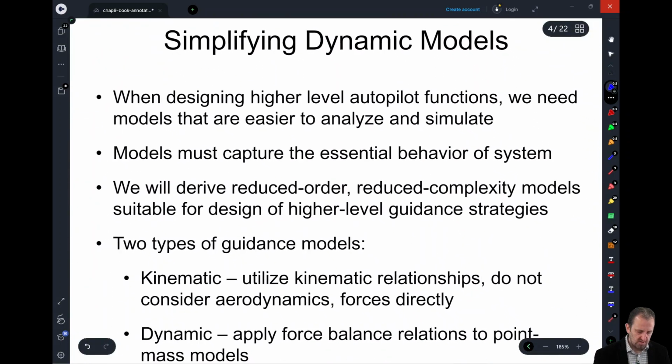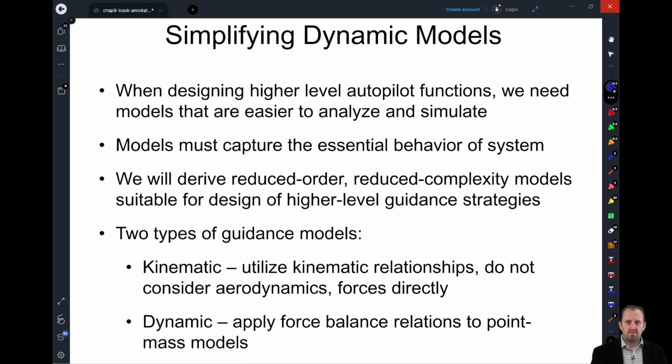So as we look at this, we have some simplified dynamic models. And again, this is just a summary. We're designing the higher level autopilot functions. We need models that are easier to analyze and simulate. Again, we have a much larger span of time, and we need to be considering the nonlinearities that come in the position equations.